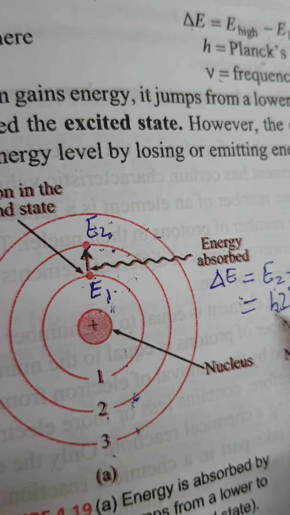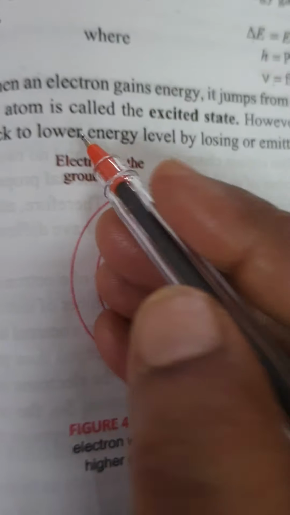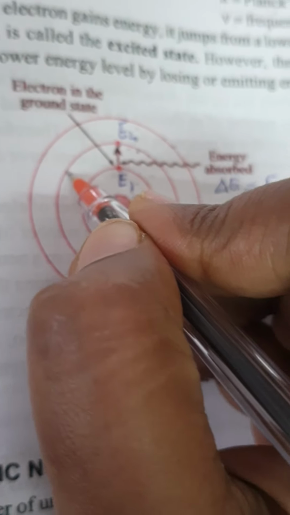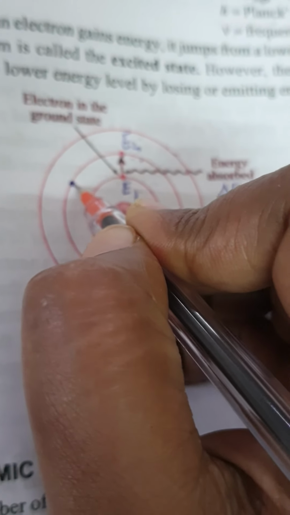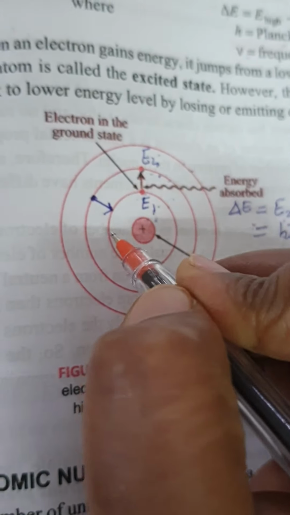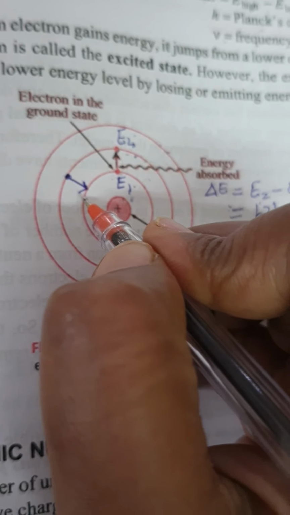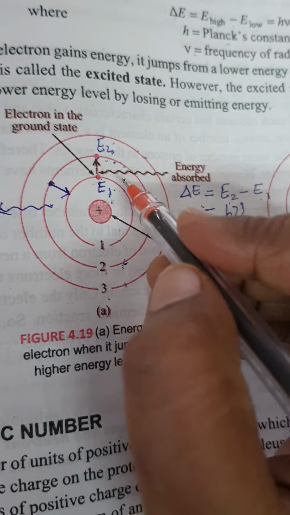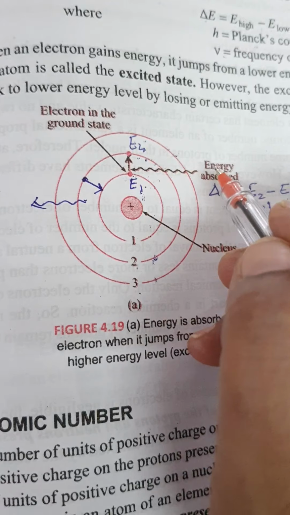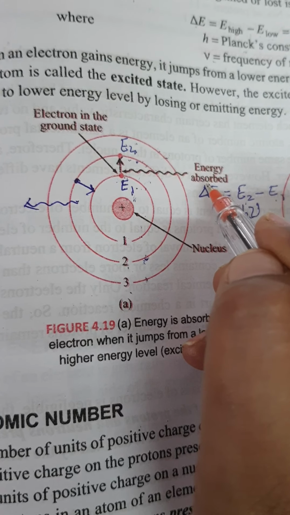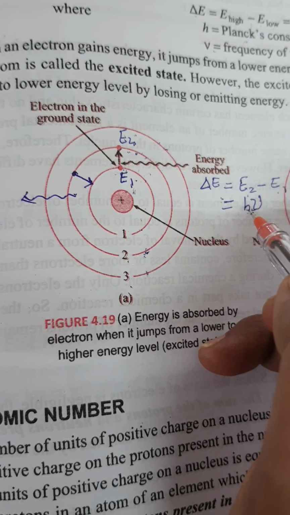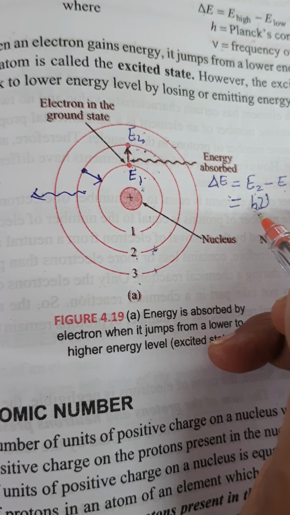Similarly, if the electron is jumping from higher energy to lower energy, then what happens? Energy will be released. When it moves from lower to higher, energy is absorbed. How much? E2 minus E1, that is h nu amount of energy.